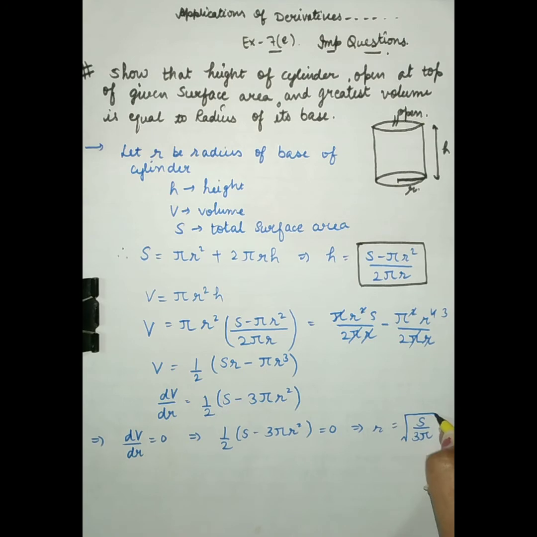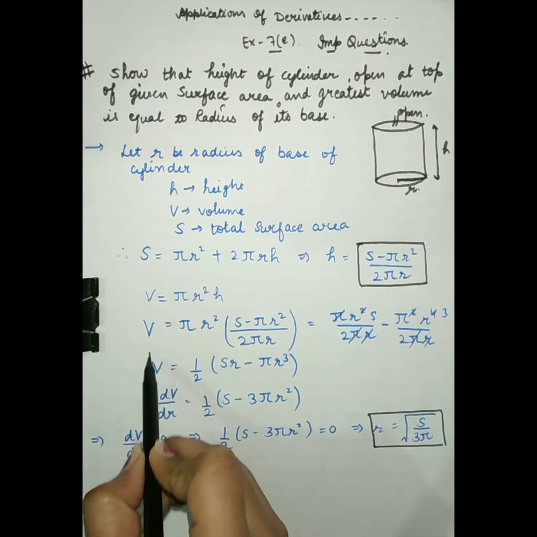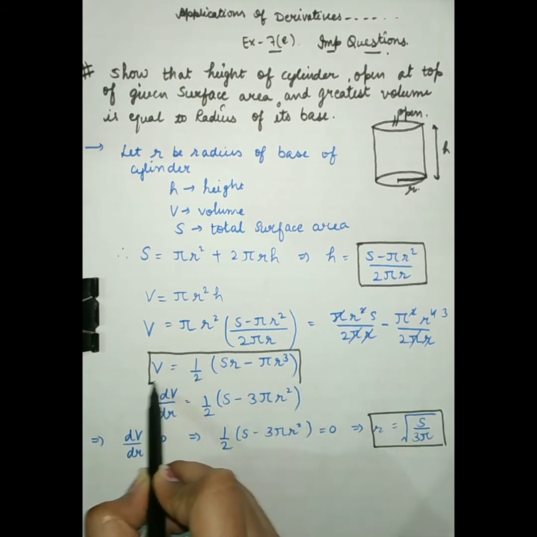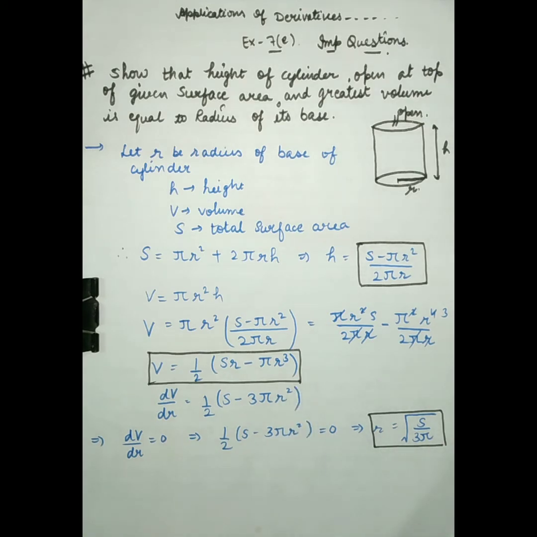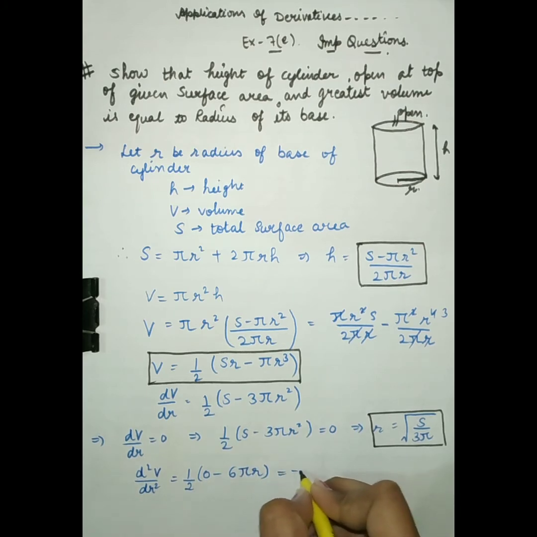This will be the radius. Now to find d square V by dr square, we get 1 by 2 into 0 minus 6 pi r. That means we get minus 3 pi r, which is d square V by dr square.